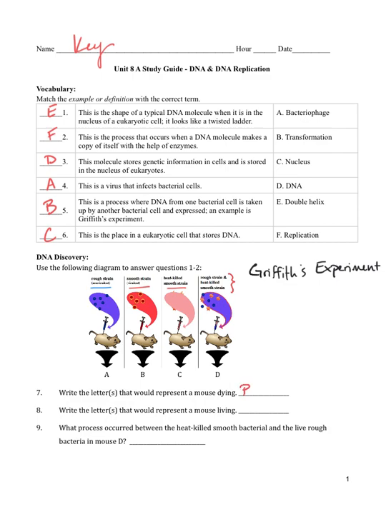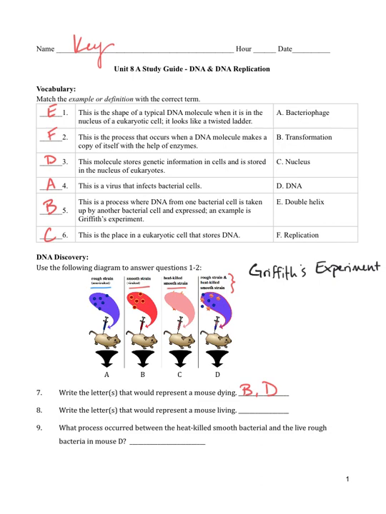So we know that B is one of the correct answers. And we also know that if he killed the smooth strain, it did not kill the mouse. So letter C, the mouse lives. And when he injected the mouse with the rough strain plus the heat-killed smooth strain, he discovered that the mouse died at letter D. So the mouse died in both cases, B and D.